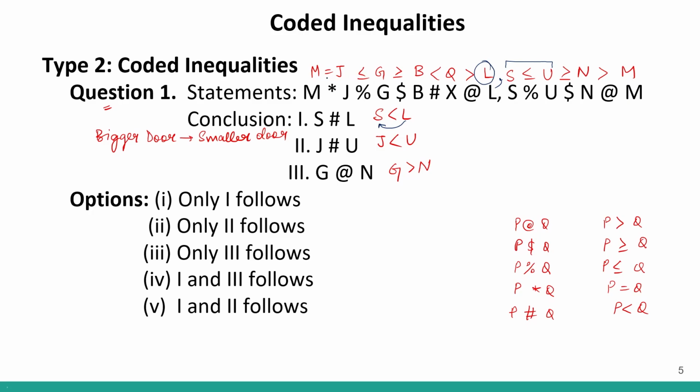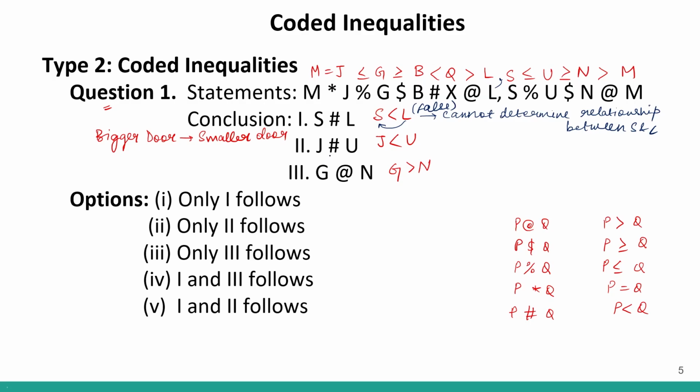So here I cannot make out a relationship between S and L. So I can say we cannot determine the relationship between S and L. So this will be false.